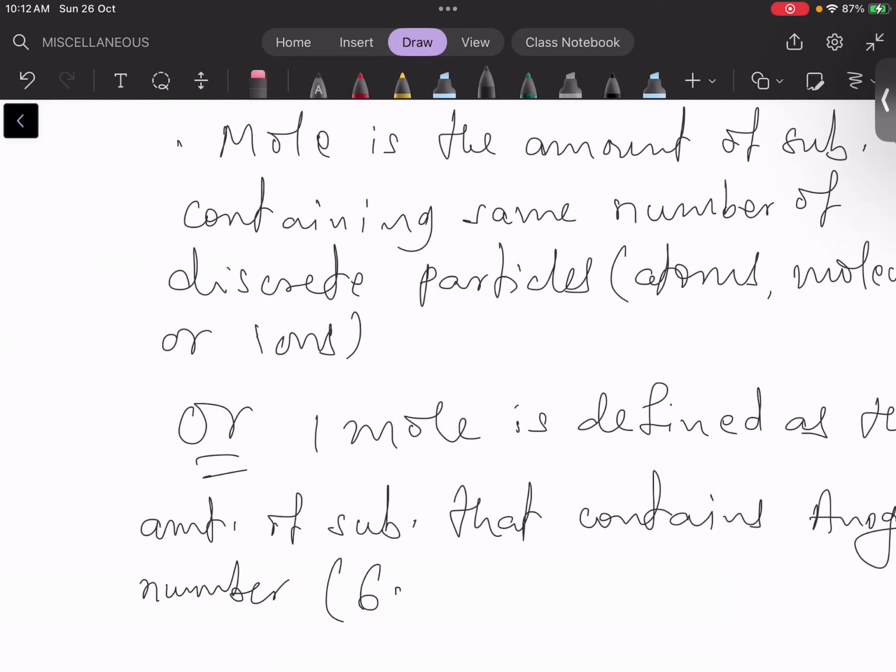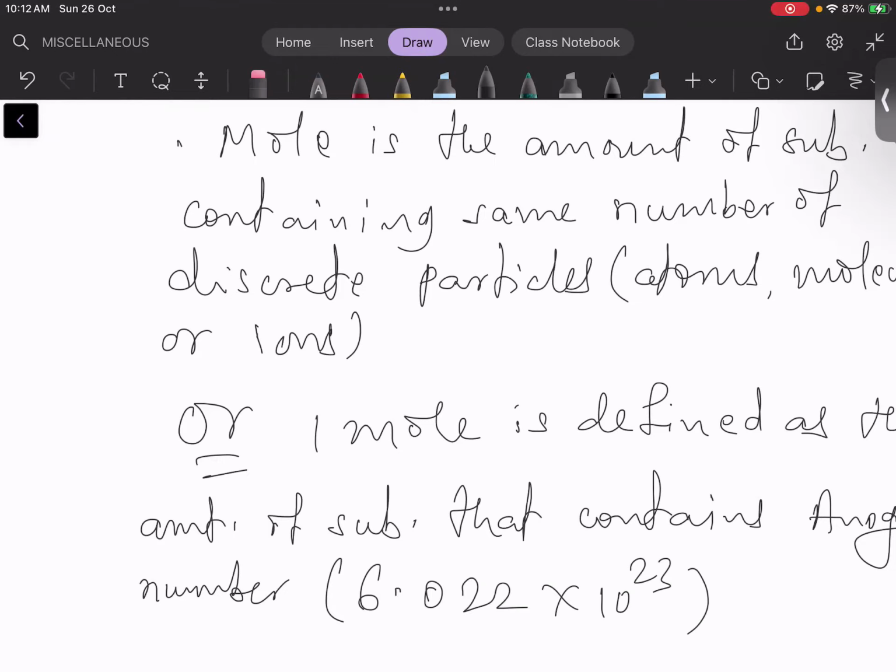What is Avogadro's number? Do you know? 6 into 10 raised to 23. Correct. 6.022 into 10 raised to 23 particles, nothing but what? Atoms, ions, or molecules.